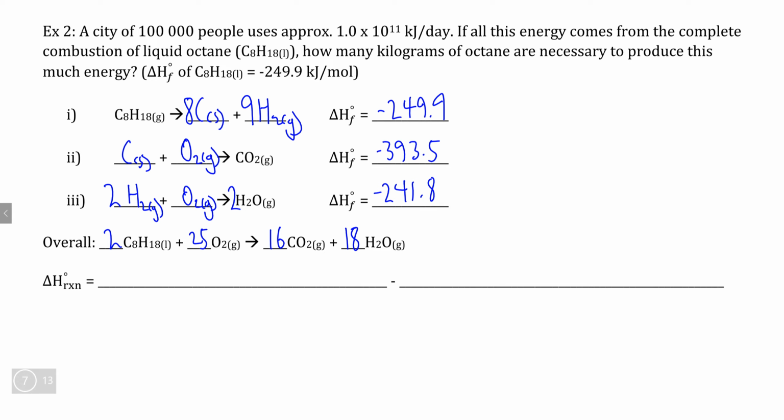Because there are 16 carbon dioxide, we're going to do 16 times negative 393.5, and this is the total standard molar enthalpy of formation of all 16 carbon dioxide molecules, and to that we're going to add 18 times negative 241.8, and this is accounting for all of the water molecules. If we expand both of these numbers out, they come to negative 6,296 and negative 4,352.4.